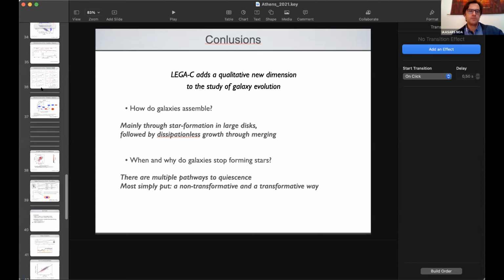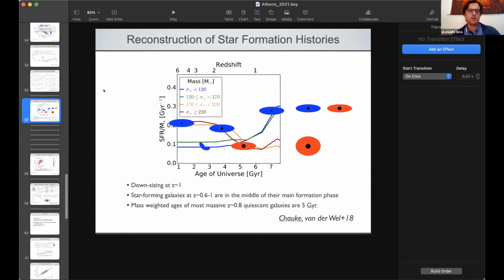So I was quite surprised. Well, there was this plot that you showed, the star formation rate or specific star formation rate as a function of time. It's your star formation history plot, where you saw that for the passive galaxies most of the star formation was happening at early times, and it was the exact opposite for star forming galaxies.